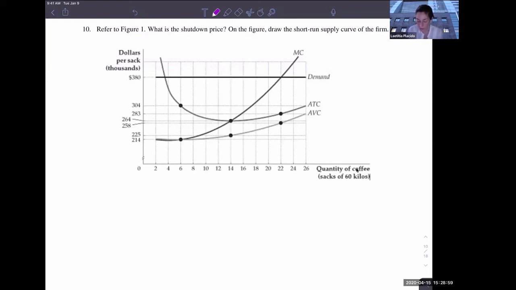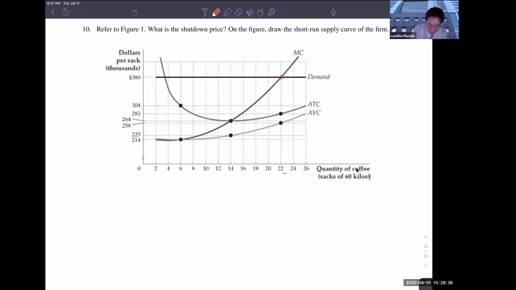First, what is the short-run supply curve of the firm? We said that optimally, the firm is going to produce such that price equals marginal cost. So when the price is 380, as in the previous question, the firm optimally responds by producing 22. Now imagine that the price is, let's say, 304. What is the best response from the firm?